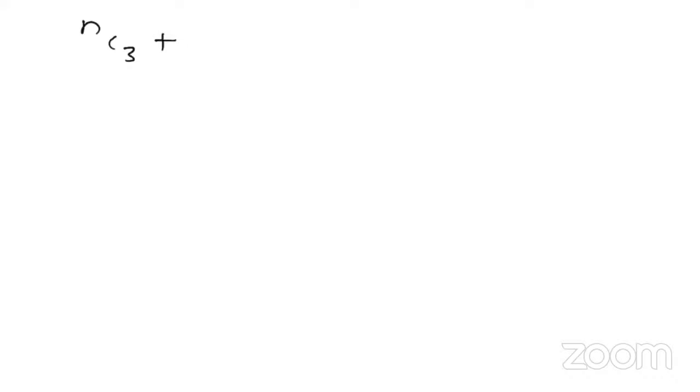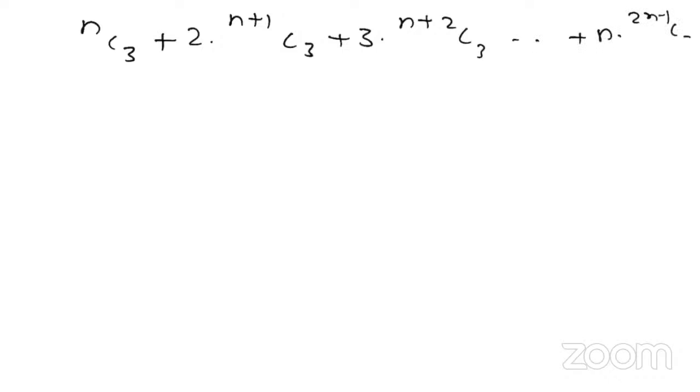NC3 plus 2 into n plus 1 C3 plus 3 into n plus 2 C3 up to n into 2n minus 1 C3. Try this.